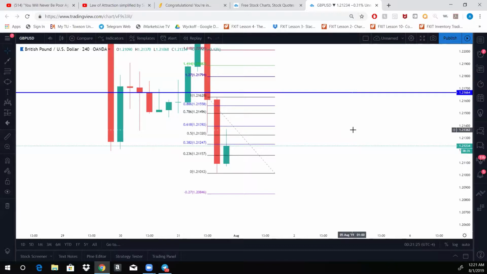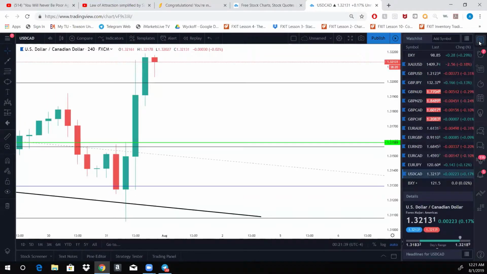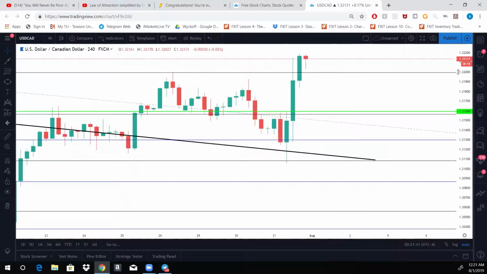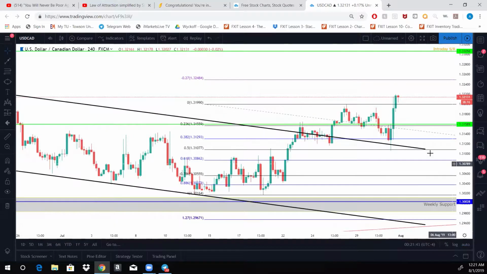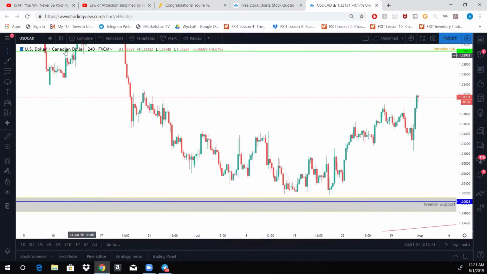So they're looking at UK monthly. Yeah, it's not wrong. It definitely broke. This is no longer valid. It's broke above.